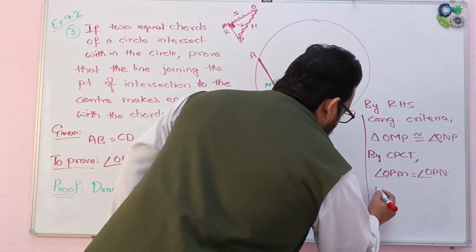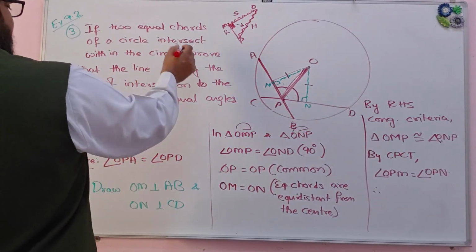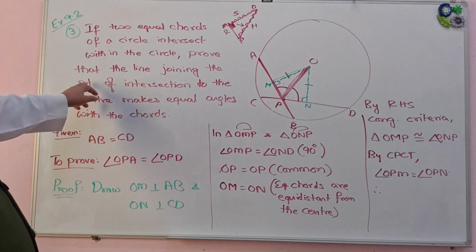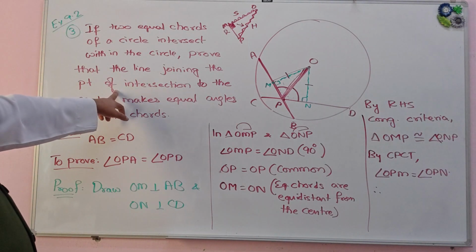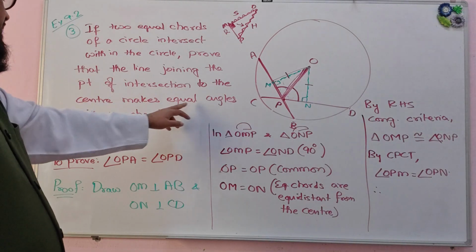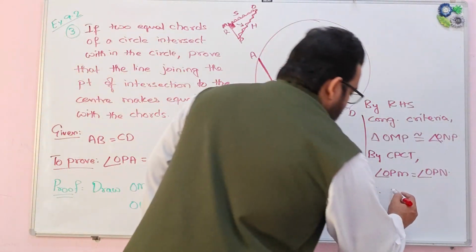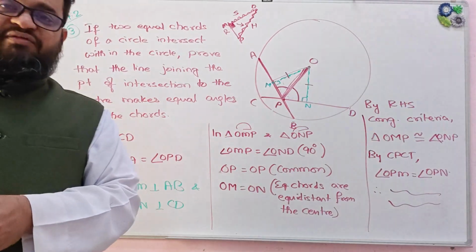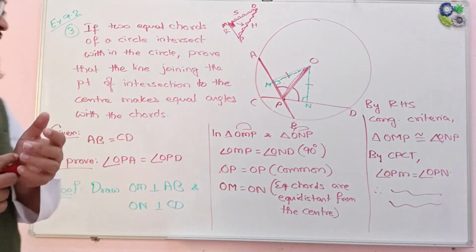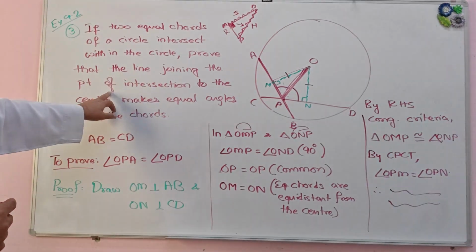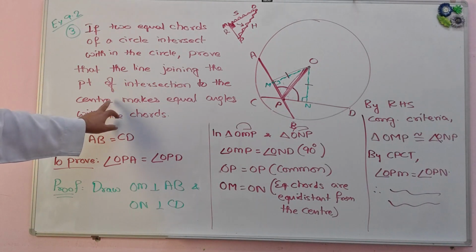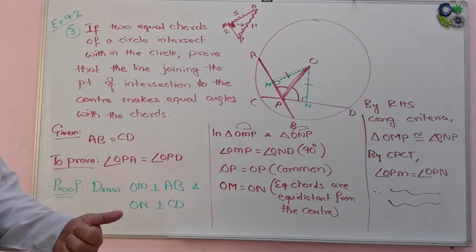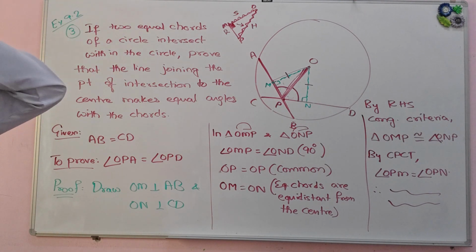So that means, therefore, the line joining the point of intersection to the center makes equal angles with the chords. You have to write the statement. Conclusion is very important. It carries half mark. So please write the conclusion: the line joining the point of intersection to the center makes equal angles with the chord. Got it? So in the next video, let us see the next question.